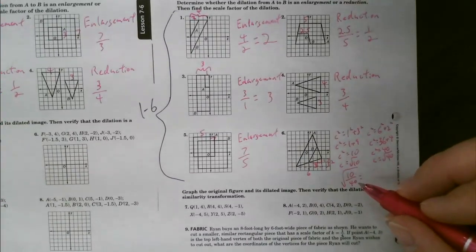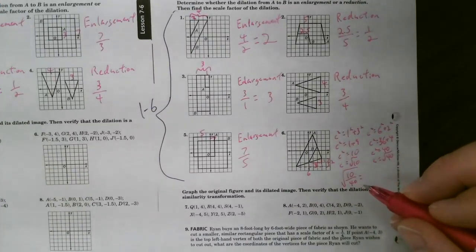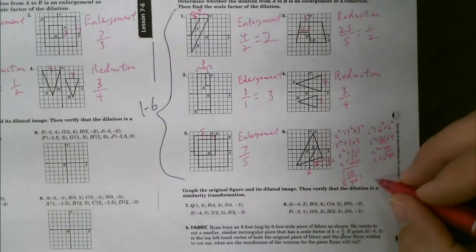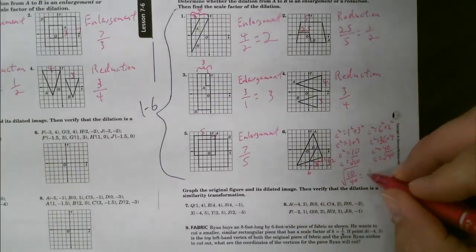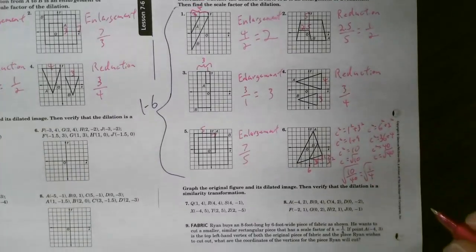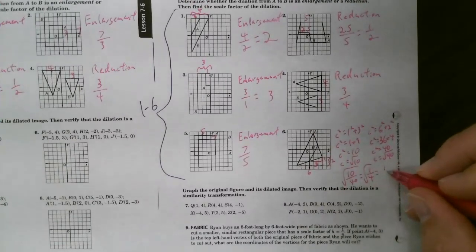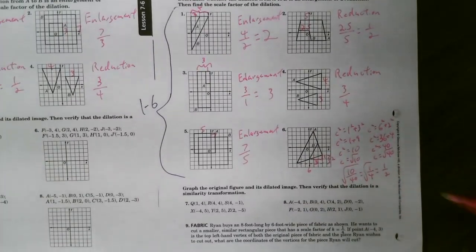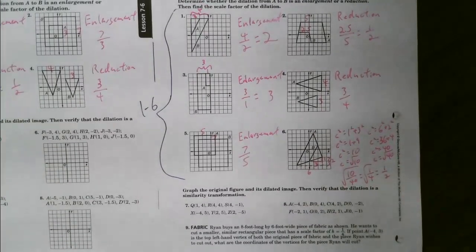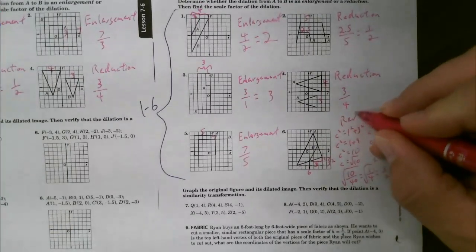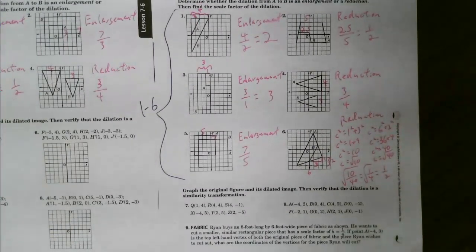So we have 10 over 40, which reduces to 1/4. We can take the square root of 4, which is 2. Square root of 1 is just 1. So our scale factor here is 1/2. And again, since it's between 0 and 1, this is a reduction.